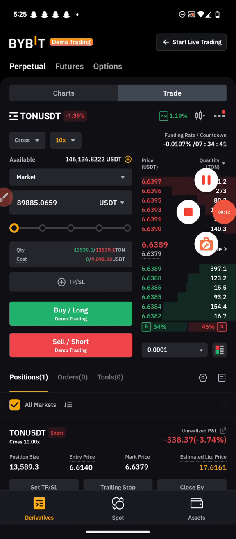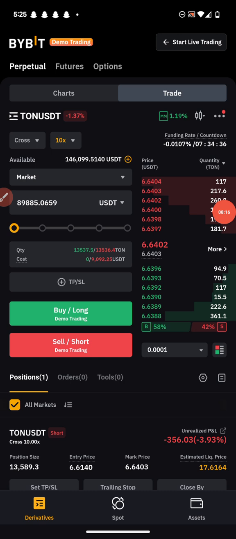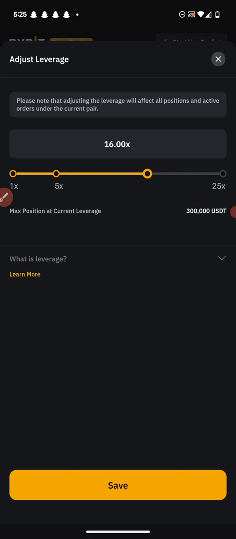Do you understand? Now the next one I'm going to be explaining is leverage. I have explained leverage here. This is leverage. The higher your leverage, the higher the risk. Now this leverage simply means that if you are risking $5 and you use times 10, it means that you want the exchange to multiply the $5 you want to risk.